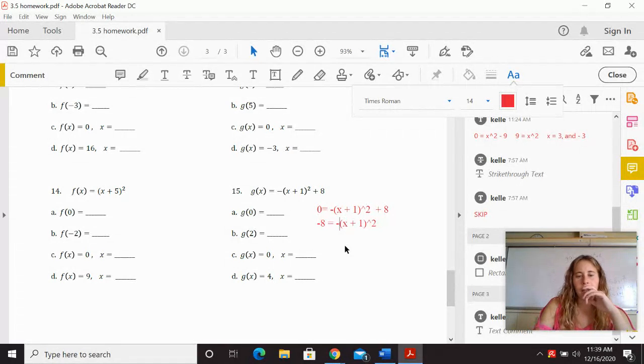To get rid of this negative sign, you're going to divide both sides by a negative. So that will leave you with 8 equals, and now this will be positive, (x plus 1) squared. I'll leave you there, but I wanted to help you out with that negative sign. To get rid of it, you're going to divide by negative 1.